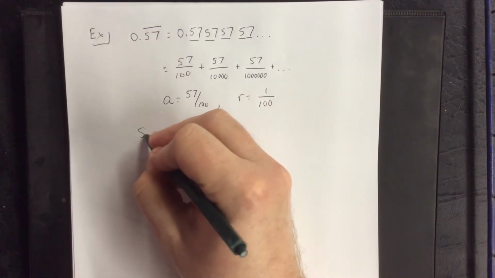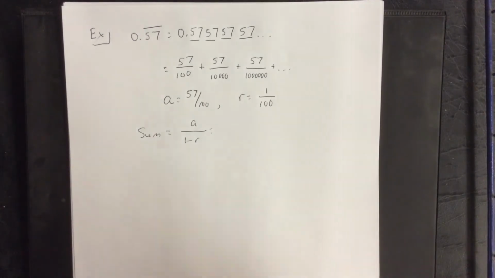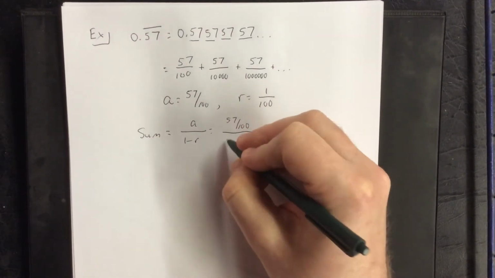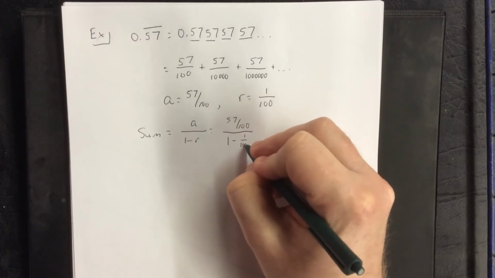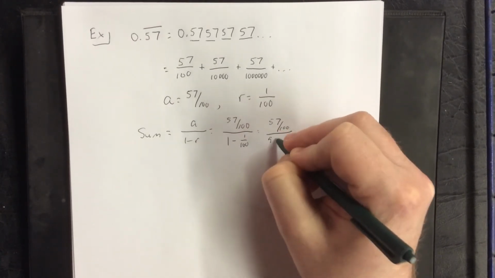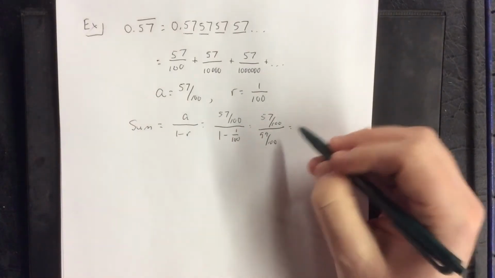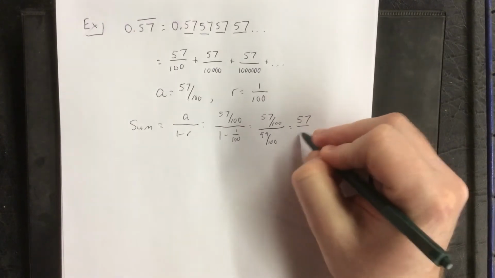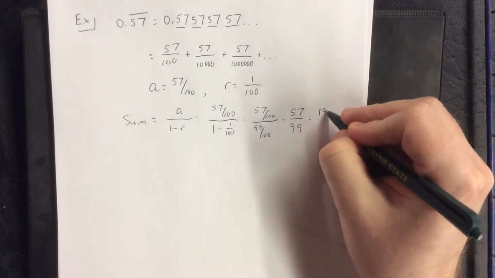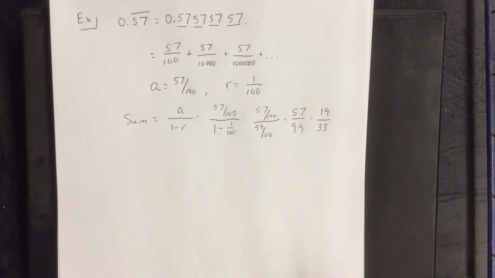The sum of this geometric series, once again, is supposed to be a over 1 minus r, which would be 57 hundredths divided by 1 minus 1 over 100. That would be 57 hundredths divided by 99 hundredths. Simplifying the hundredths, this would be 57 over 99. Or you could reduce the top and the bottom by a factor of 3 to discover that this is 19/33.